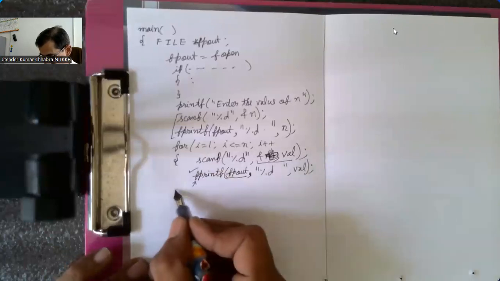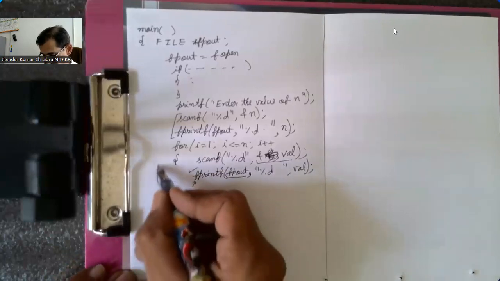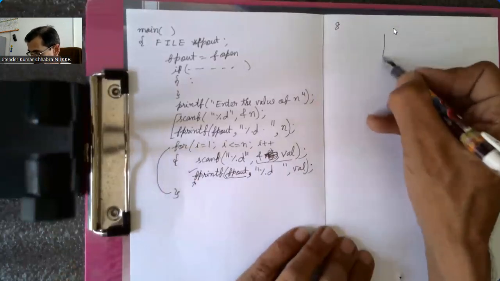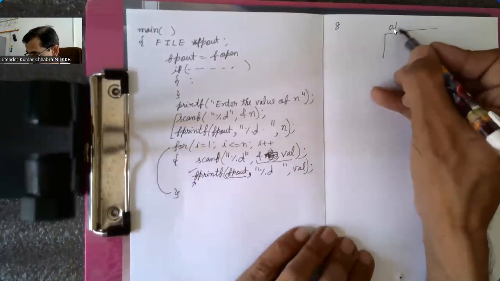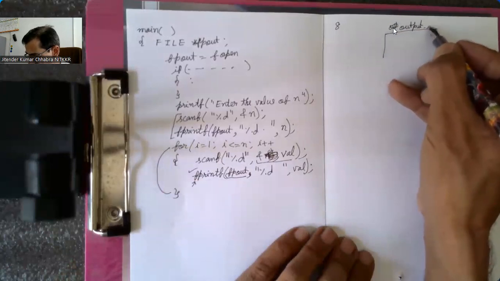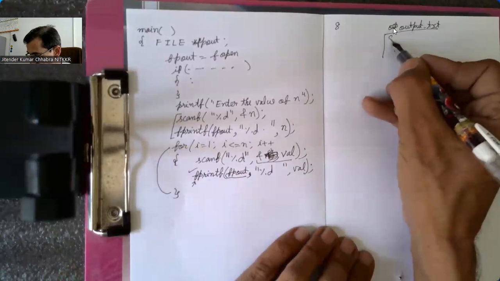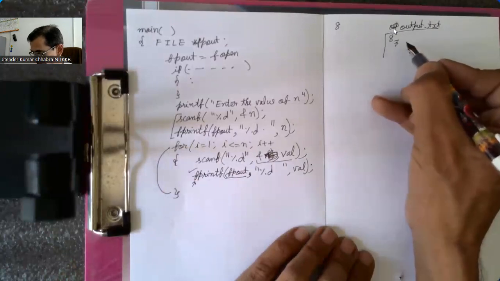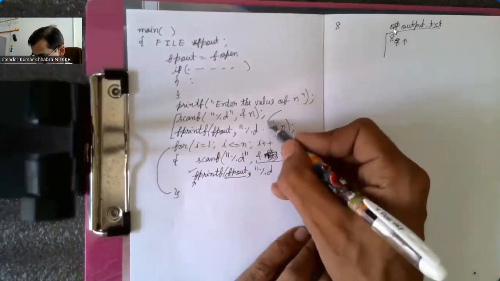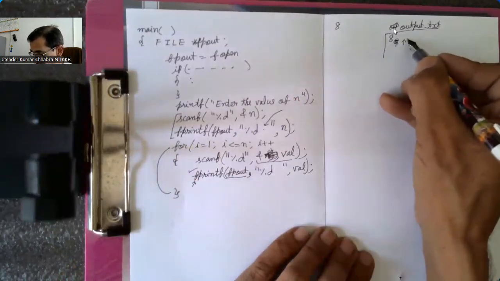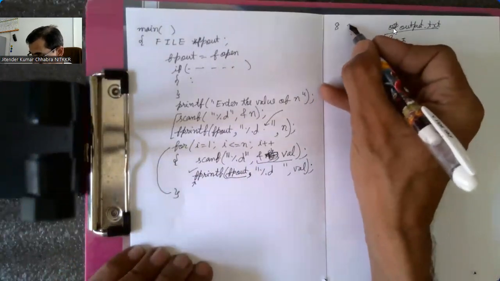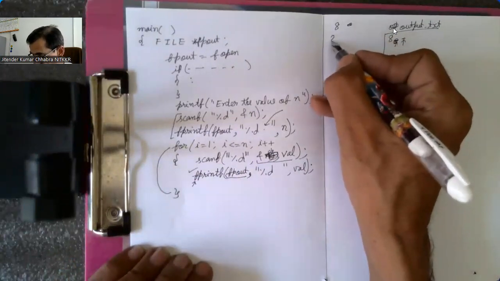Done. And that's it. So initially you gave 8, your file output.txt is created and being written. You wrote 8, and because you have written a blank, one blank here, the cursor is here. Now you read, let's say, 23. You may have pressed enter or whatever.